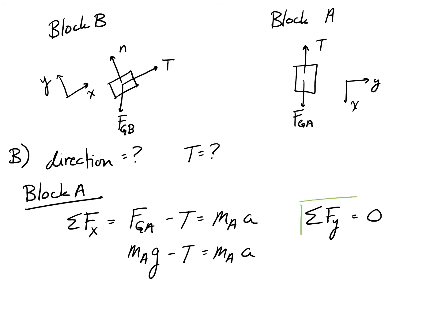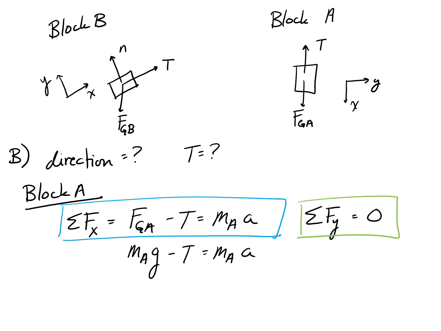So I've written out the first law, and in the case of my x direction, the second law of motion for block A. If I look at what I currently don't know, I don't know the tension, and I don't know my acceleration.